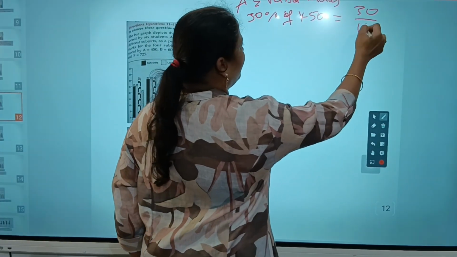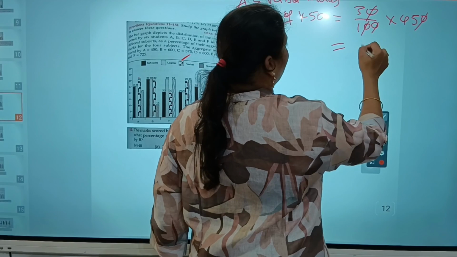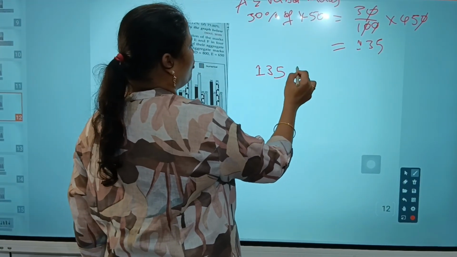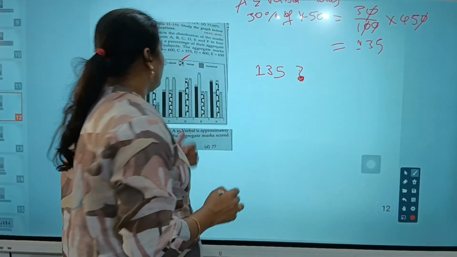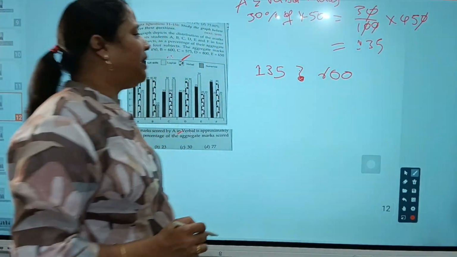So 30 by 100 into 450, it is coming 135. So 135 is how much percentage of 600? That we have to find out.